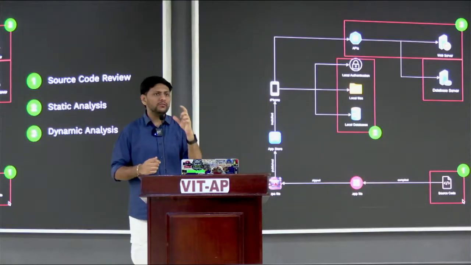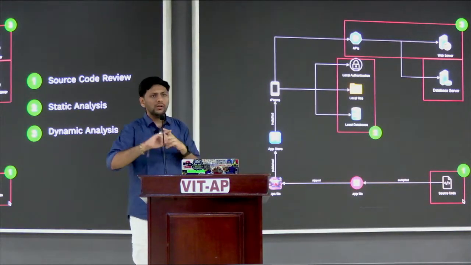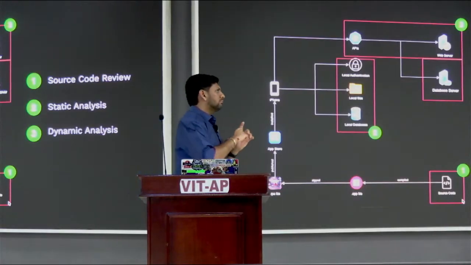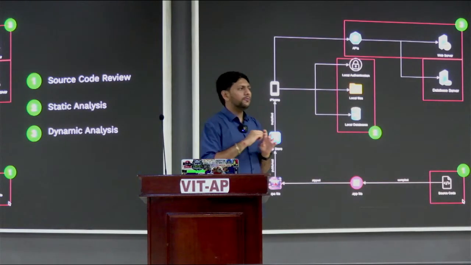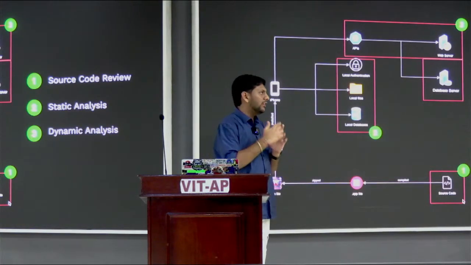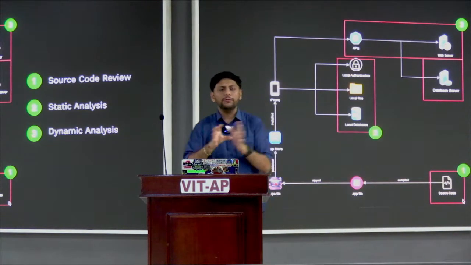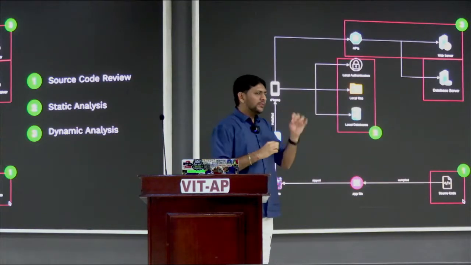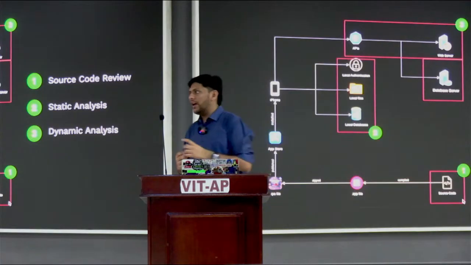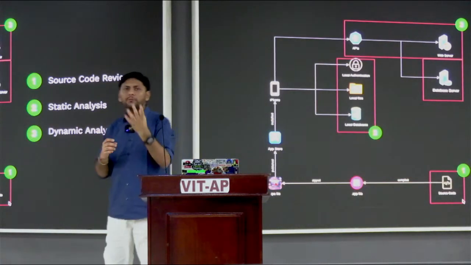Okay, so on your device you have databases like SQLite, you have files like info.plist, you have other plist files. There are various different files that are present. So these files basically store sensitive information such as number of lives.